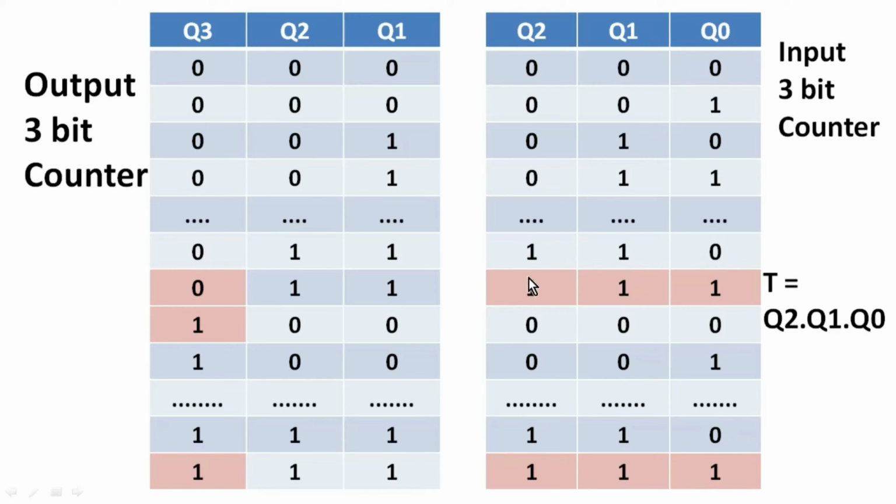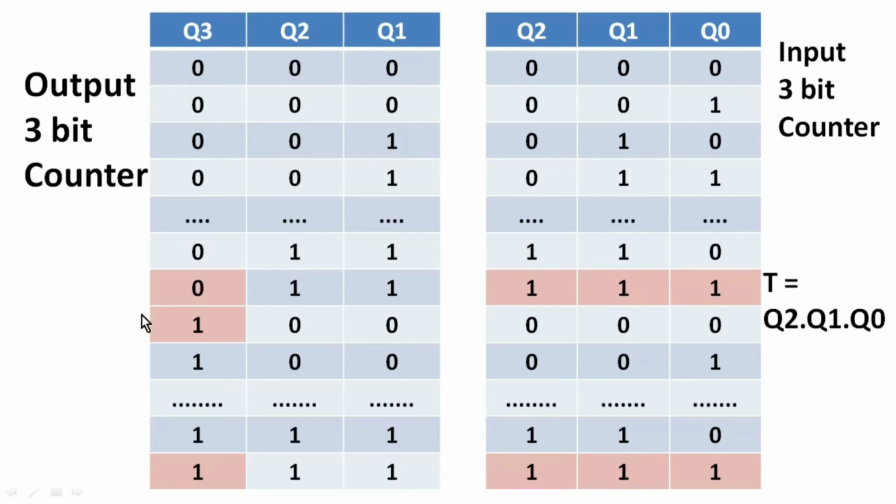But in the next cycle, when Q2 and Q1 are high, Q0 is also high. So I can generate a signal T at this point of time when Q2, Q1 and Q0 are all high. And I can apply this T signal to the input of a T flip-flop so that the output of that T flip-flop may toggle. And we will refer to the output of that T flip-flop as our signal Q3, which is the MSB bit of the output 3-bit counter. So this is how we resolve the problem.